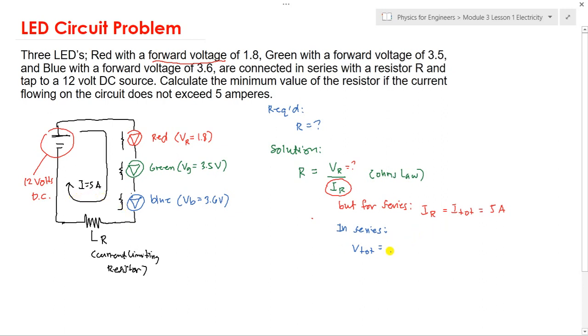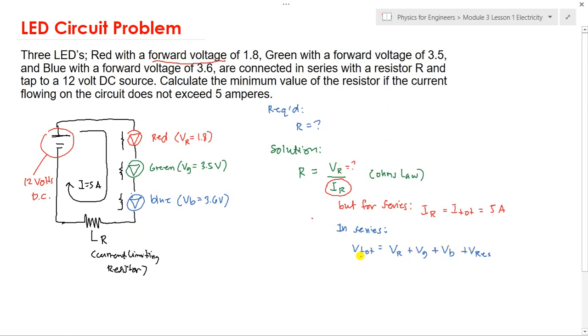The total voltage in series is just equal to the sum of the individual voltages. That is the voltage of the red LED plus the voltage of the green plus the voltage of the blue plus one more voltage, that of the resistor.